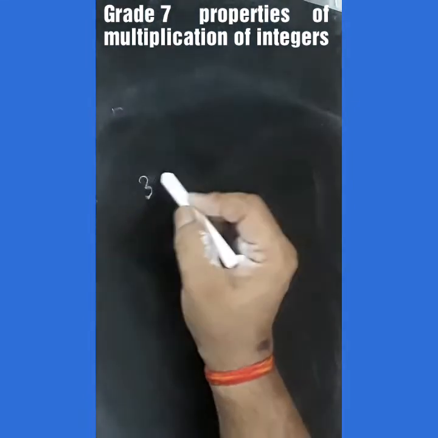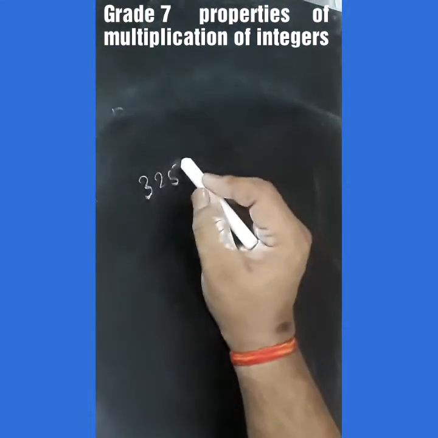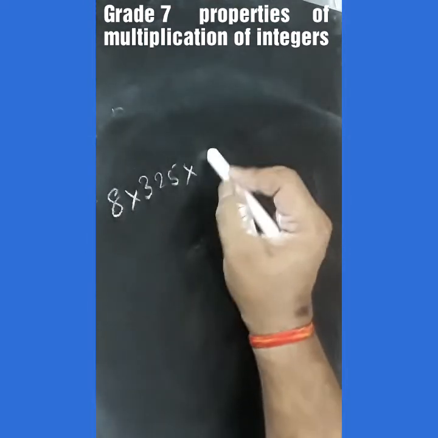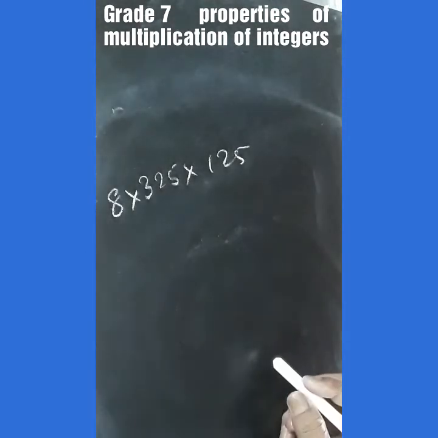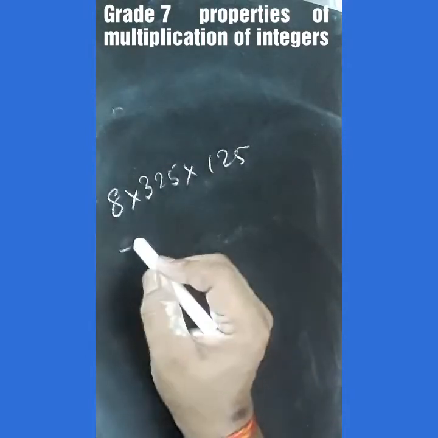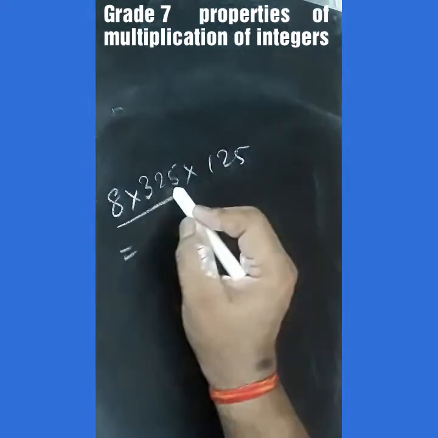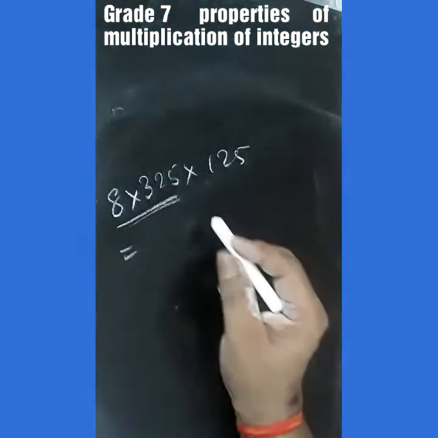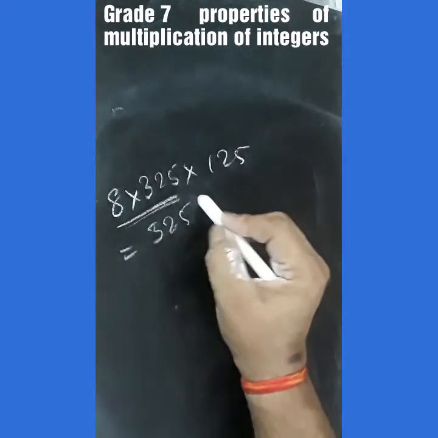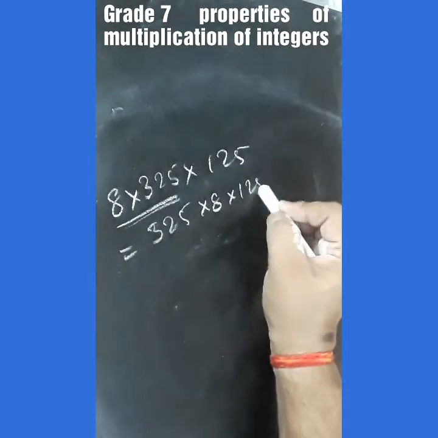If we have 325 into 8 into 125, we have to solve this. Now here first we will interchange the order of this, means we are going to use commutative property first. That is 325 into 8 into 125.